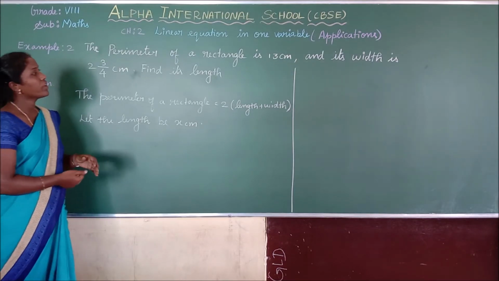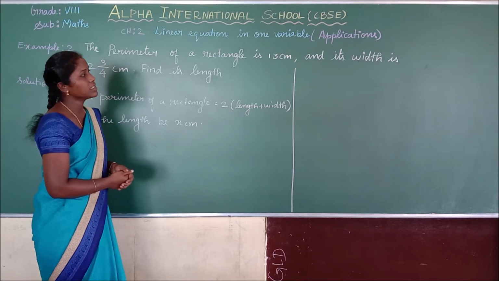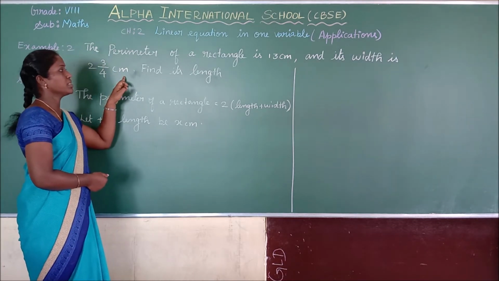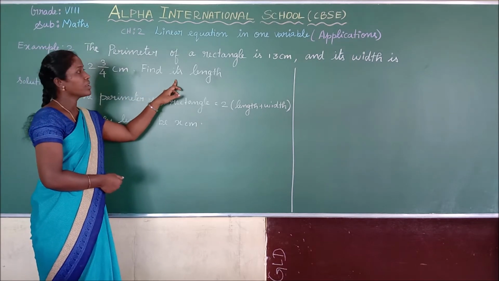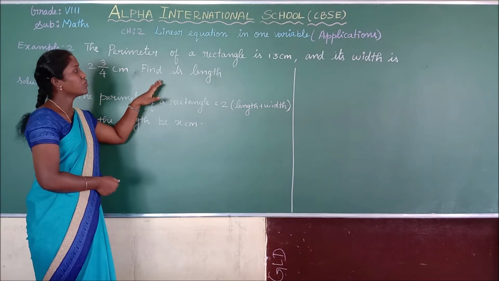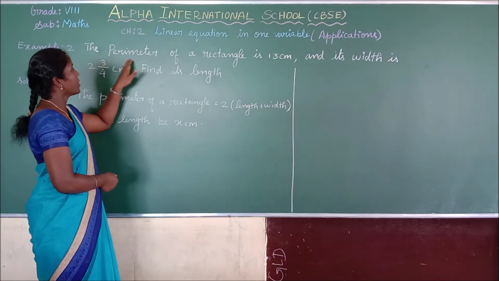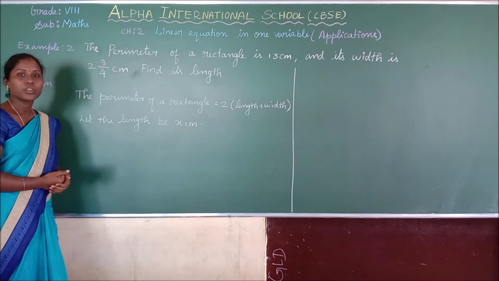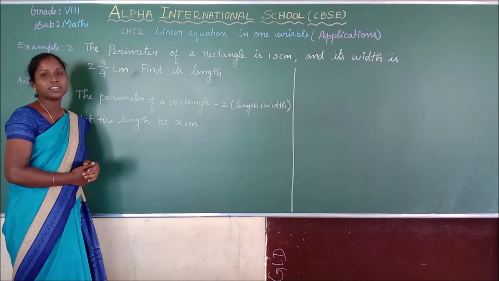Okay. The next example, children. The perimeter of a rectangle is 13 cm and its width is 3 3/4 cm. Find its length. Here we are going to use the linear equation to solve. Before that, read the question again. The perimeter of a rectangle. What do you know about a rectangle? The four-sided figure, isn't it?